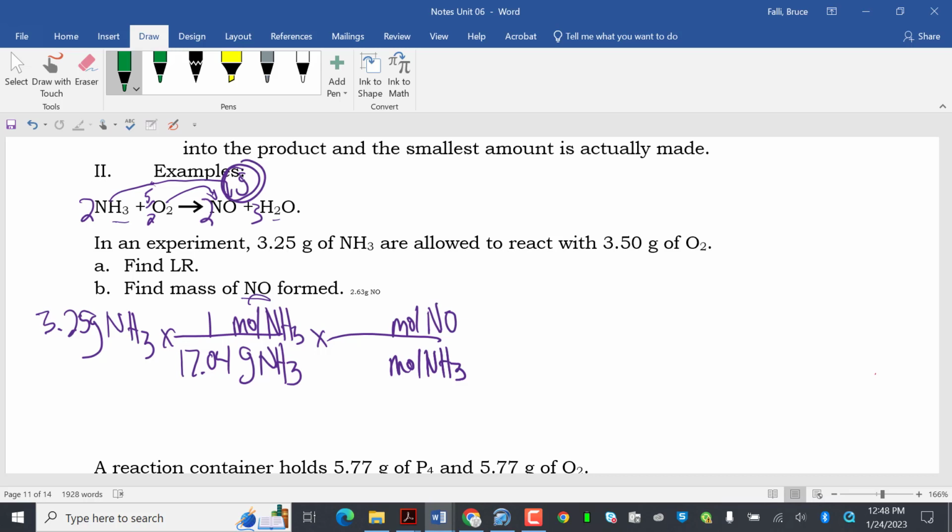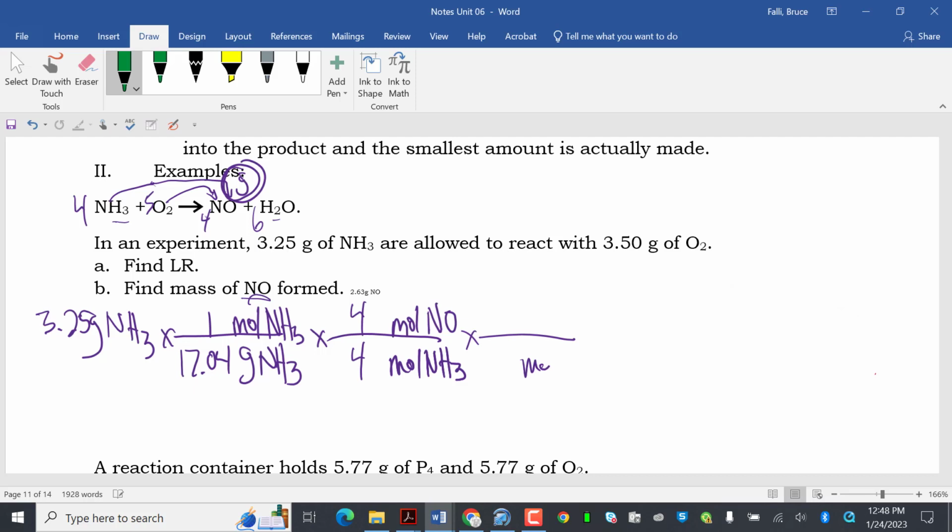I can call it 5 halves, or I could do what you probably did if you're doing it on your own, which is double everything. I guess I'll go with double everything. 4, 5, 4, 6. So NO's coefficient is 4, and NH3's coefficient is 4. So it turns out it didn't matter that much. But we'll keep trucking on here.